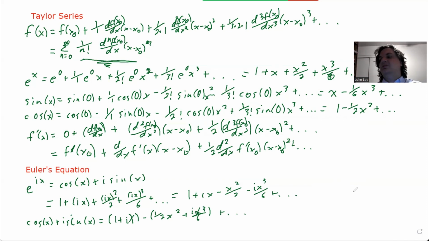And it also helps with one thing that you're going to do very late in the class, which is damped harmonic oscillators, where you end up finding the cosine of an imaginary number.